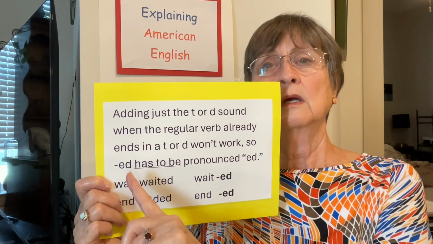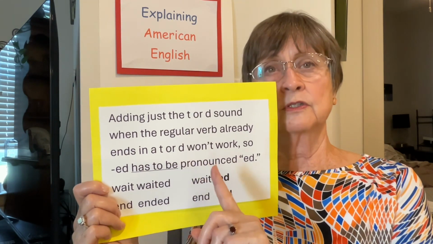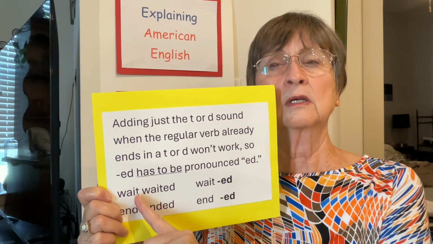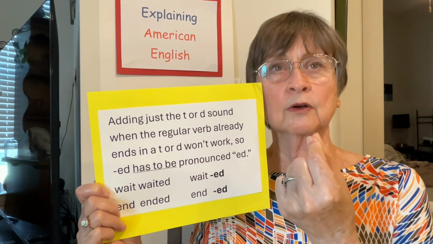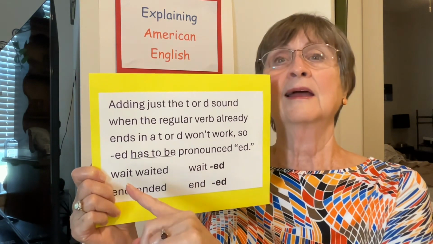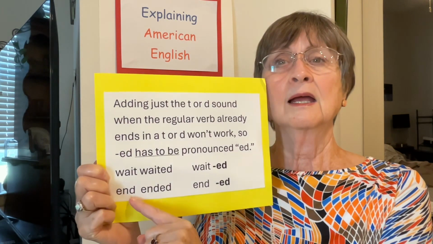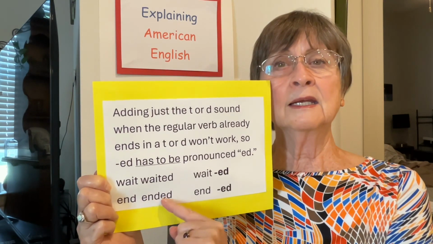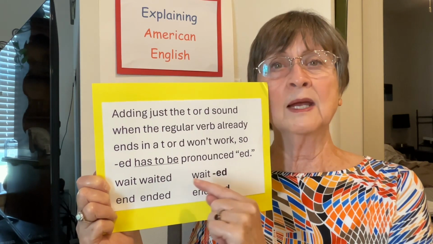So ed has to be pronounced. Wait. We can't add a T or a D to that. They're too close together. So we have to say waited. If it ends in a D, end, ed becomes ended.